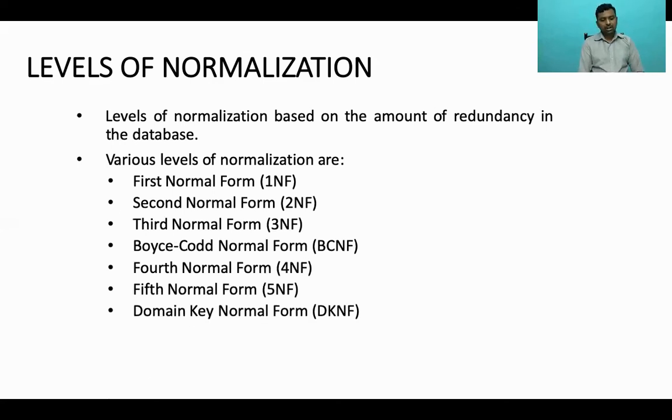These are the normalizations that are available, 7 levels of normalization. In each normal form, we'll be fine tuning and restructuring our already existing tables in the database. Let us see all these normalizations in detail one by one.